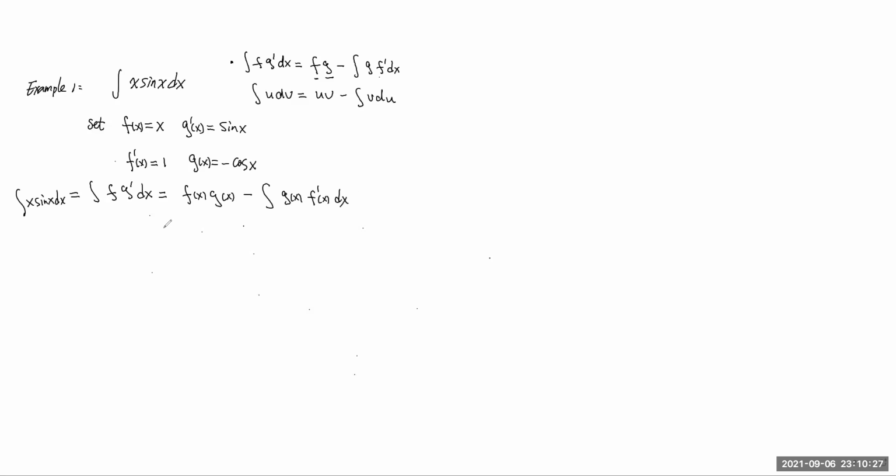So we plug in: f(x) is x, g(x) is negative cosine x, and minus g(x), negative cosine x, with a bracket, f' is 1, dx. So we get x times negative cosine x, plus, negative times negative, a positive integral of cosine x dx.